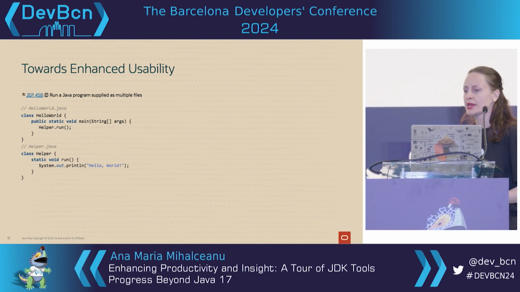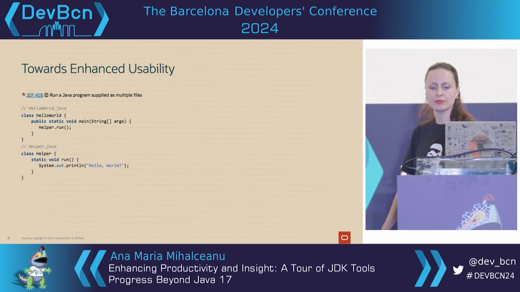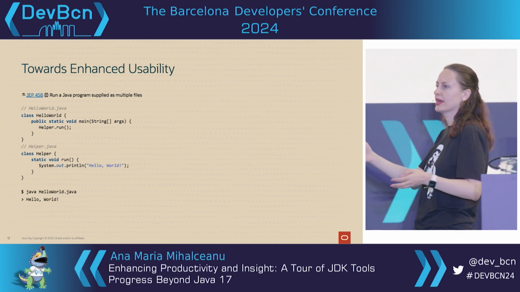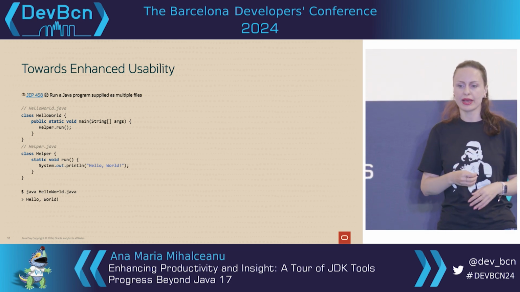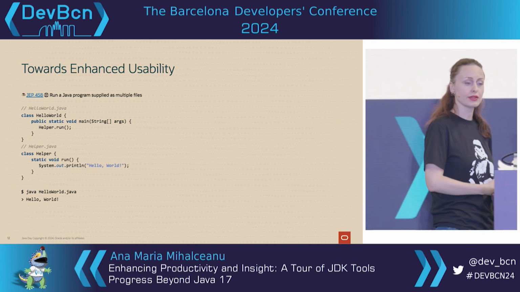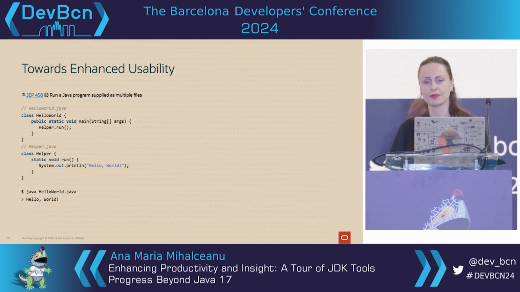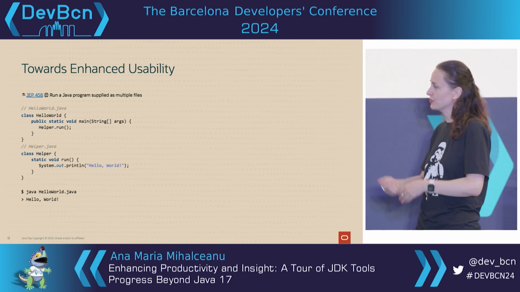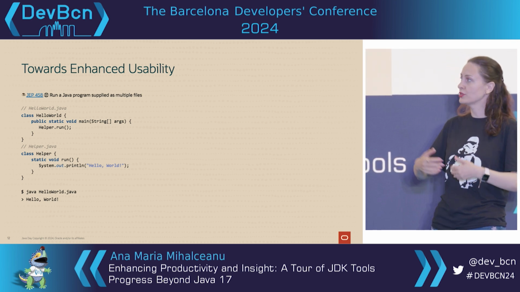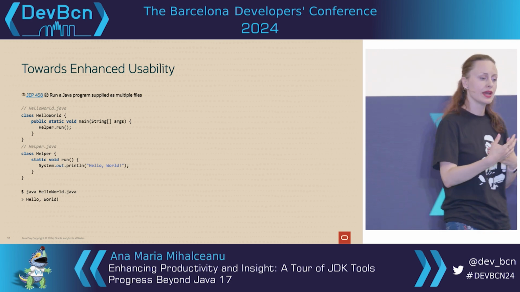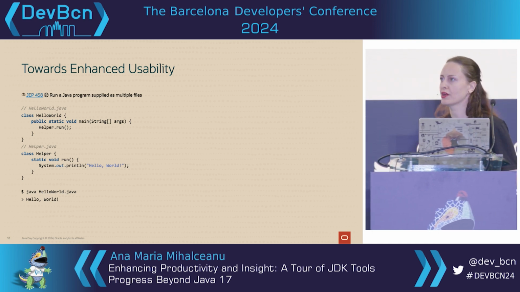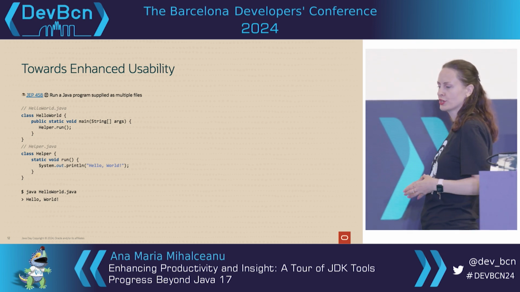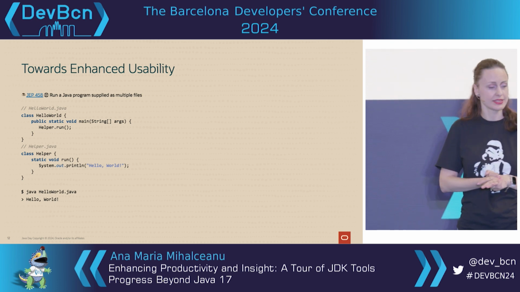We can run them as one unit simply by running java HelloWorld, and you don't need to do any class path or say, hey, you need to compile Helper first and then HelloWorld.java in order to run this. This is pretty useful when you're also having libraries. You're just adding those libraries from the class path. You don't have to worry all the time about every one of your Java classes. So it's much easier to launch your Java files nowadays than before.